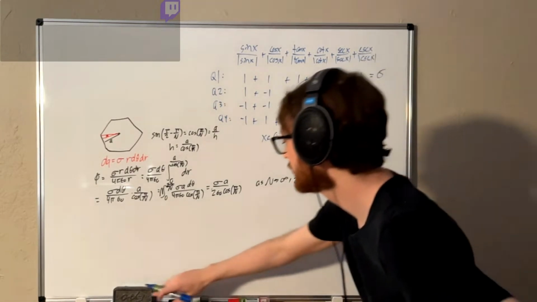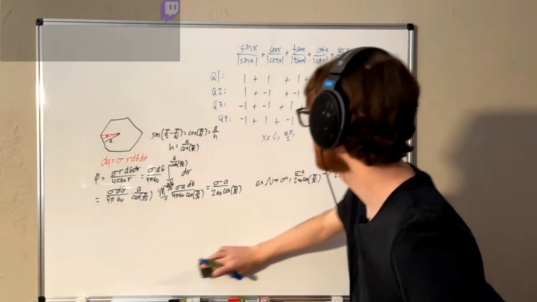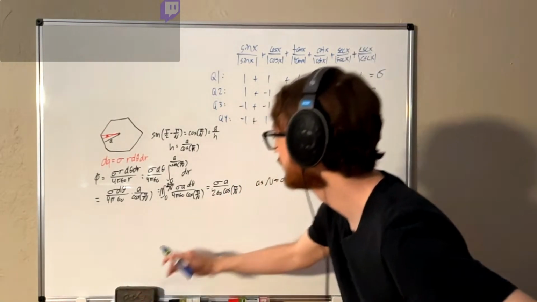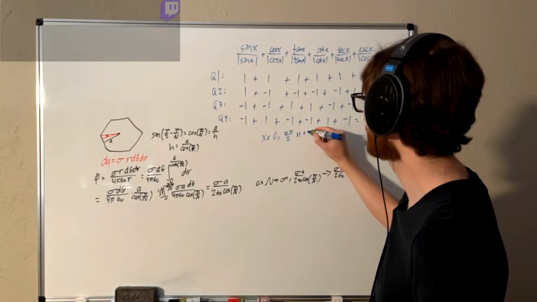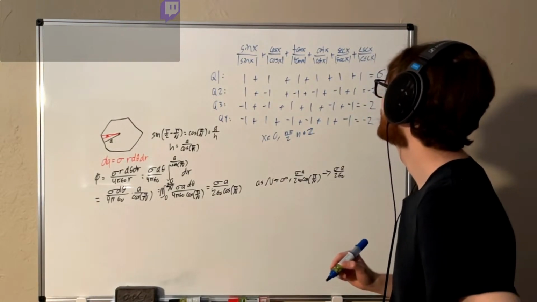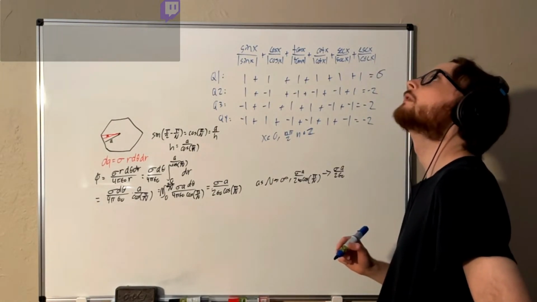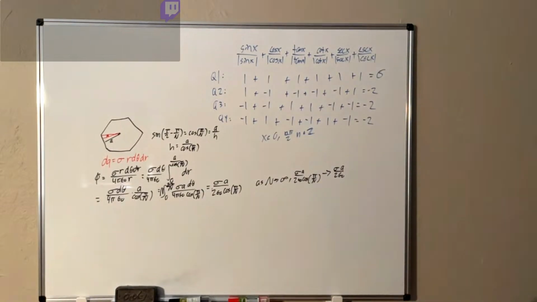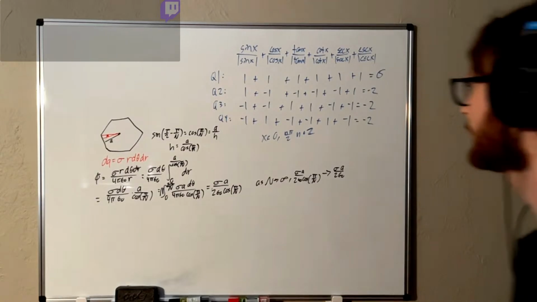I think that's all. Oh, yeah. It can't be 0 or n pi over 2, I think, because then we get discontinuities. But I think from here the graph becomes a bit more clear.